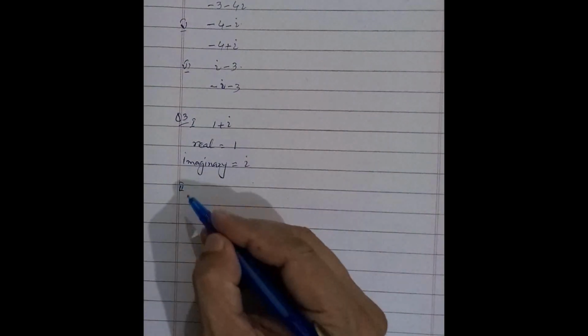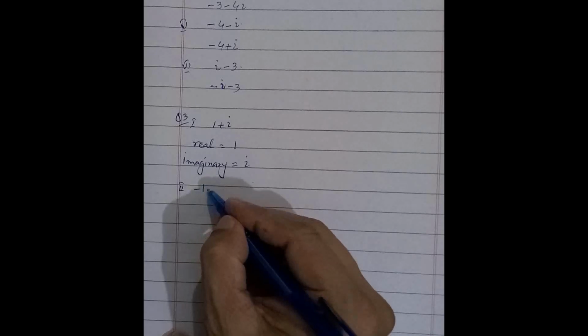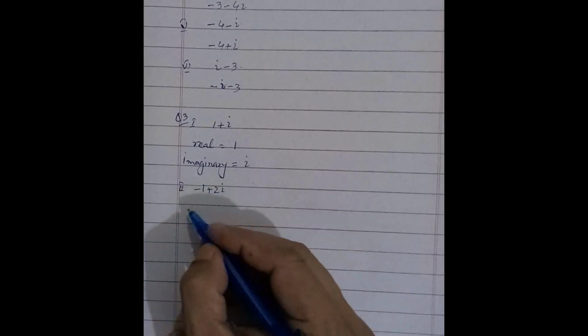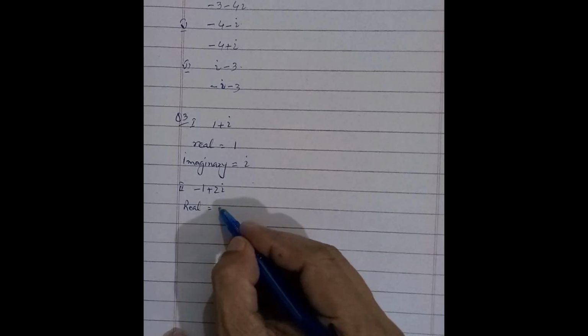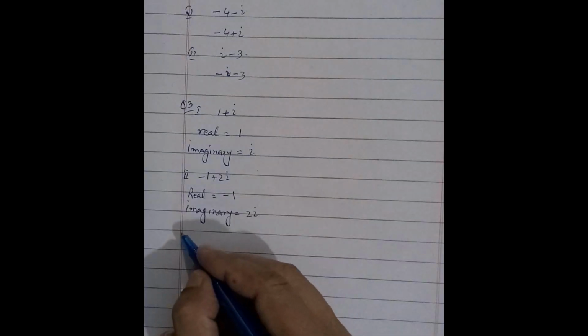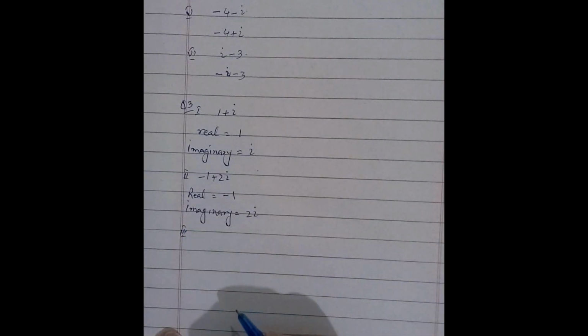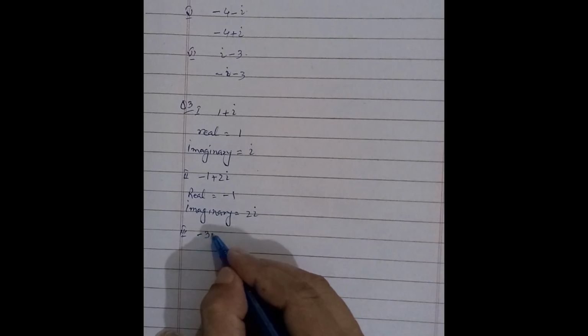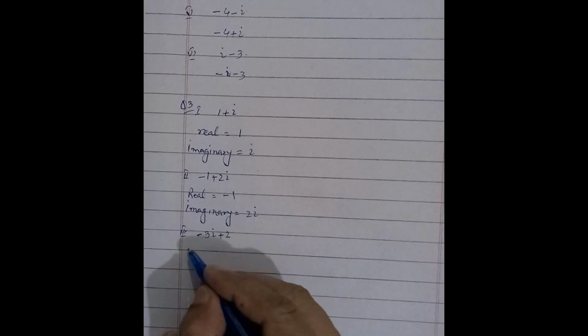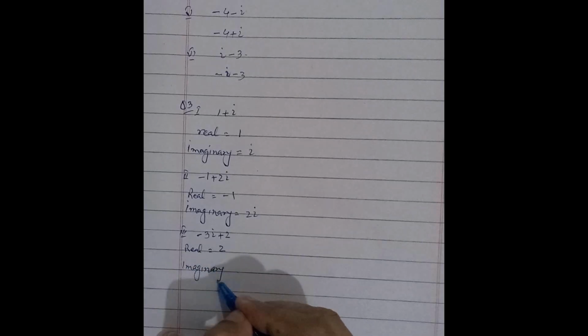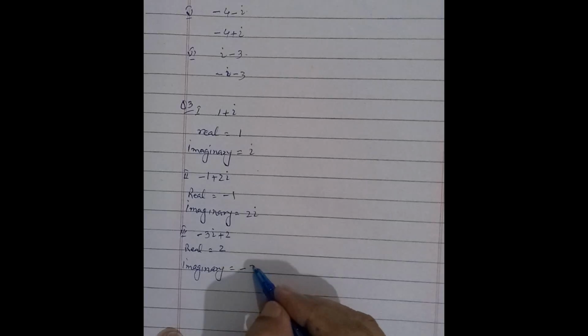The part second, minus 1 plus 2 iota. Here the real part is minus 1, and the imaginary part is 2 iota. And the third part is minus 3 iota plus 2. Here the real part is 2, and the imaginary part is minus 3 iota.